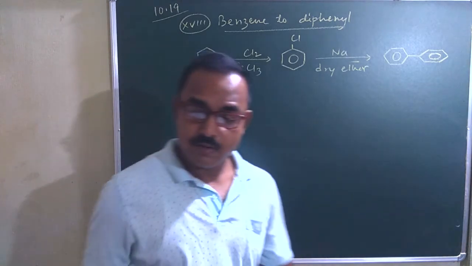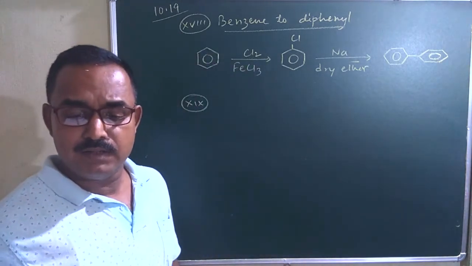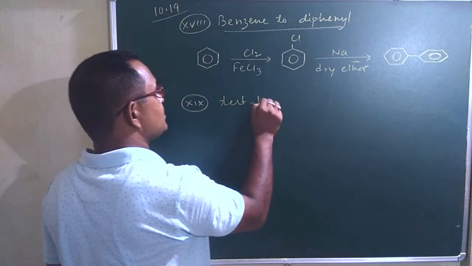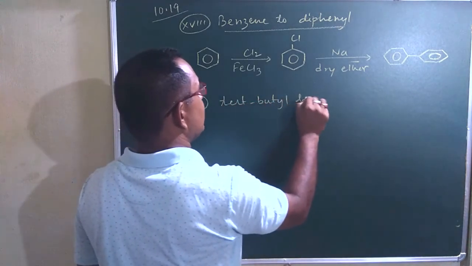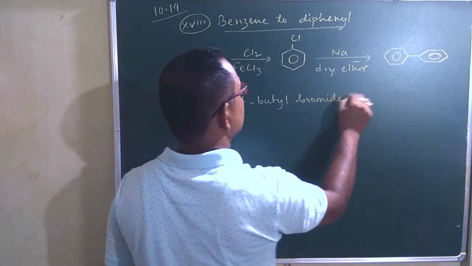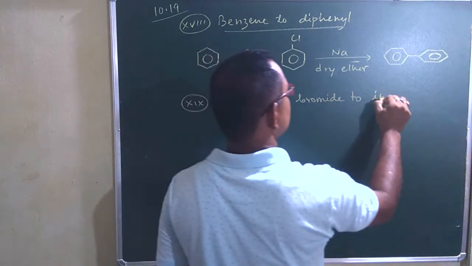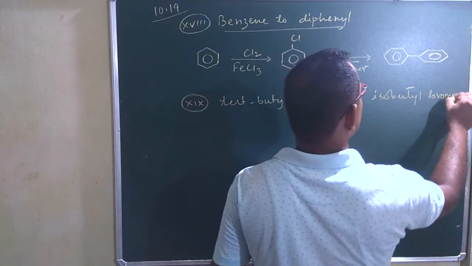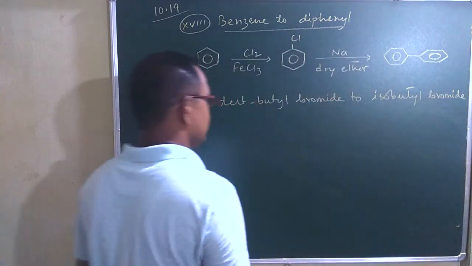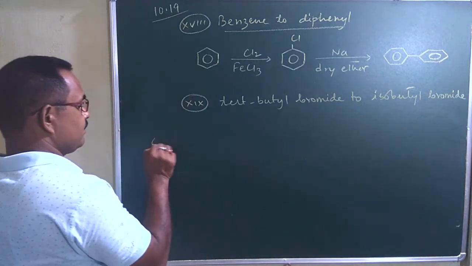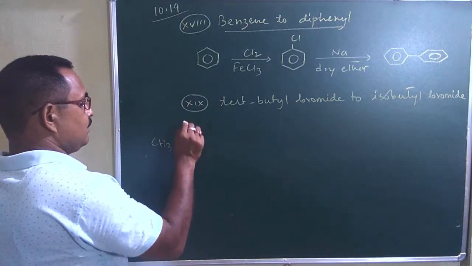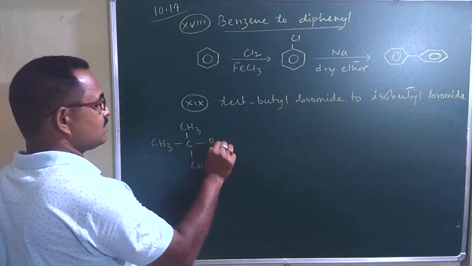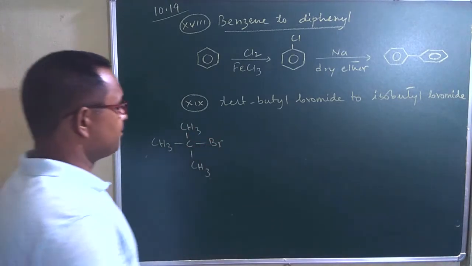Next, tertiary butyl bromide to isobutyl bromide. Look, this is tertiary butyl bromide.